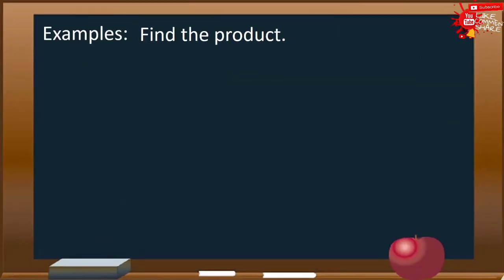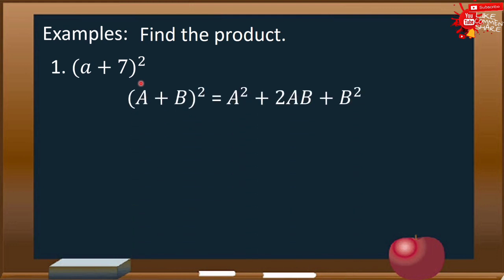Find the product. We have here the square of A plus 7. To get it, we follow this mathematical sentence: the square of A plus B is A squared plus 2AB plus B squared.